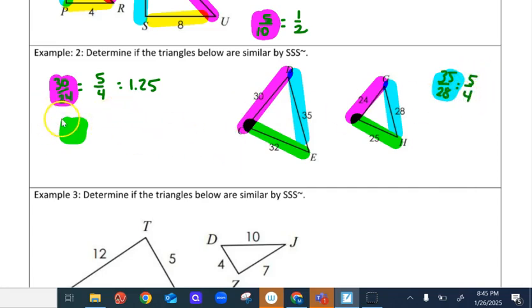And then the green one was 32/35, and we can't reduce that. I did do the decimal version of that, and it was 1.28. So you can see that these are not similar because they don't have the same scale factor for all three sides. Alrighty.